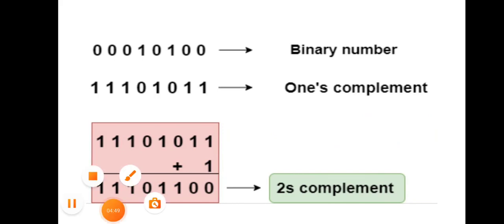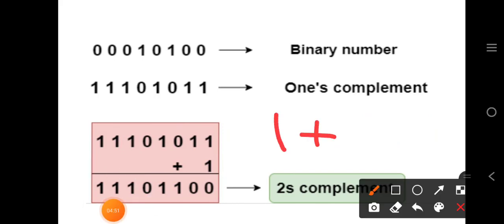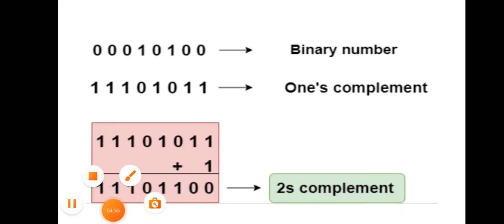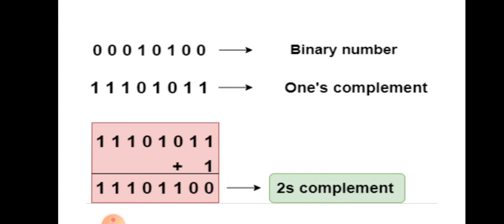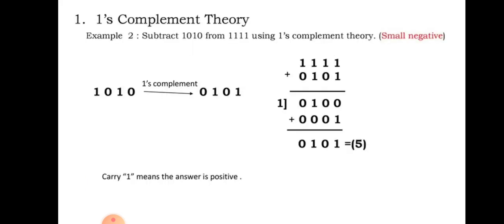Now if you add 1 plus 0, you will get 1. And if you add 1 plus 1, it is 0 and carry 1. This is your carry bit. So 1 plus 1 is 0 with carry 1. So this is about binary, one's complement and two's complement. Now we will see one by one.